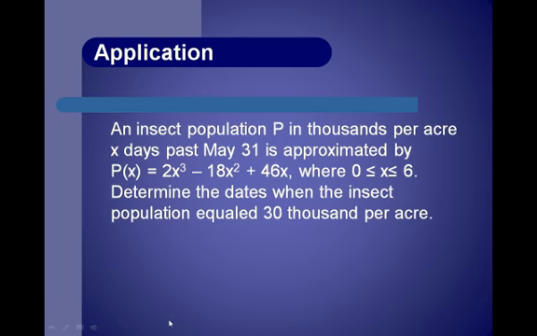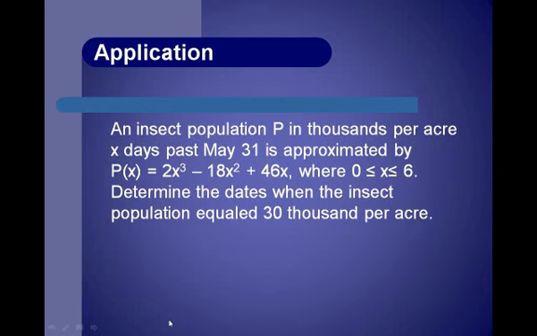Okay, last one. Our application says an insect population P in thousands per acre x days past May 31st is approximated by the function P of x equals 2x to the third minus 18x squared plus 46x, where x is between 0 and 6.